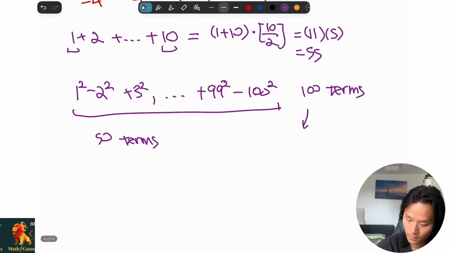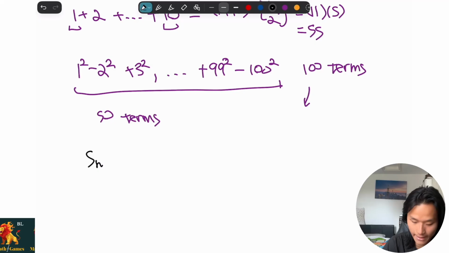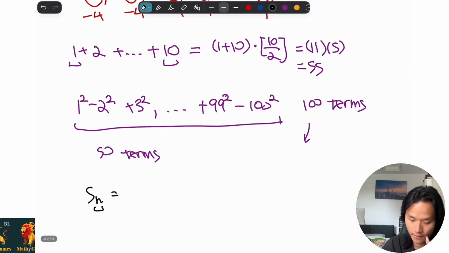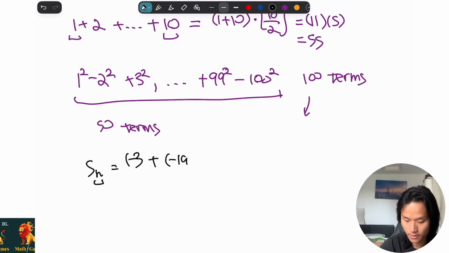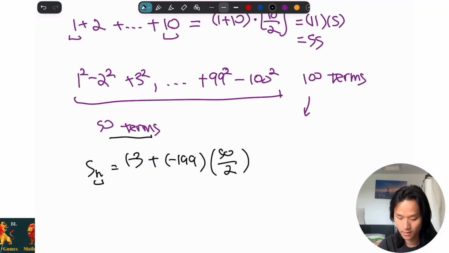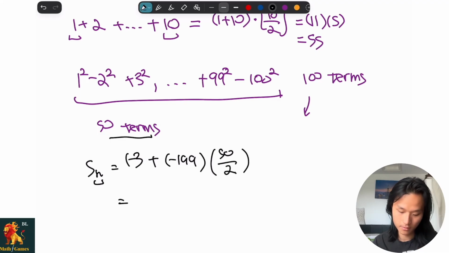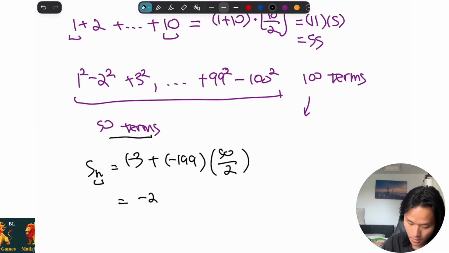So we can find the sum of the whole arithmetic progression. We write S sub n, so this is the subscript. And we have the initial term is minus 3. And then we add the final term, which is minus 199. And then multiplied by, we know there are 50 terms, so 50 divided by 2. So what's this? Well, minus 3 minus 199, that is minus 202.